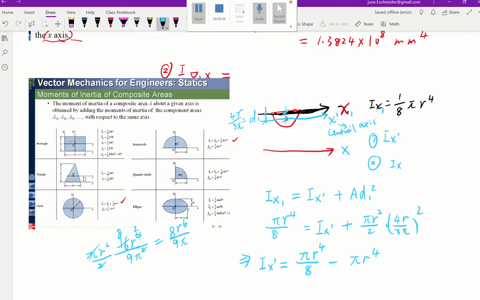This is power of 2, that shouldn't be power of 6. So that will give us power of 4: 8 over 9π times r to the 4th.